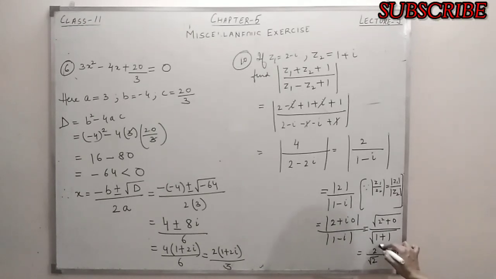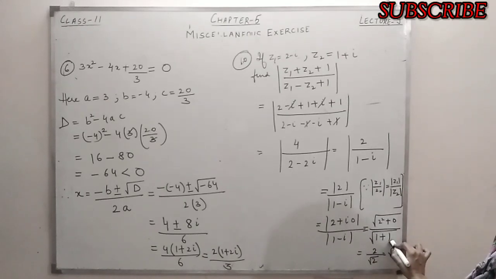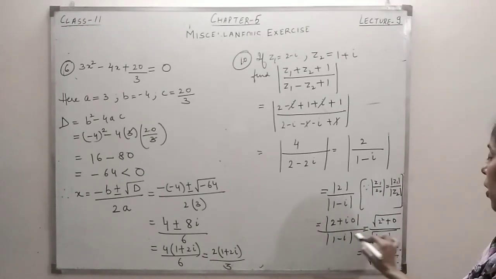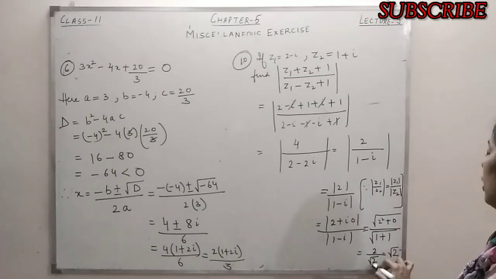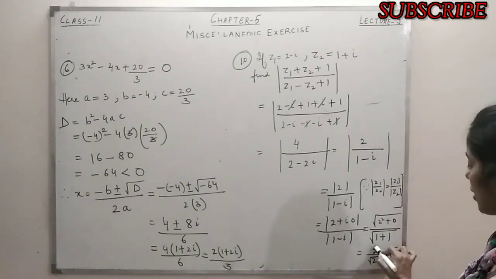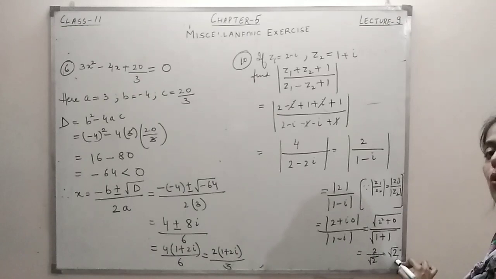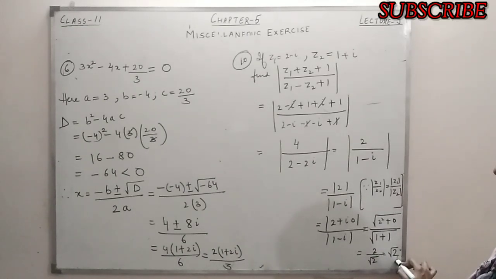And modulus of 1 minus iota is the square root of 1 plus 1, that is, real part square is 1, and the imaginary part, minus 1, whole square is 1 only, that is root 2. And 2 upon root 2, 2 we can write as root 2 into root 2. Root 2 is cancelled. That will equal root 2 only.